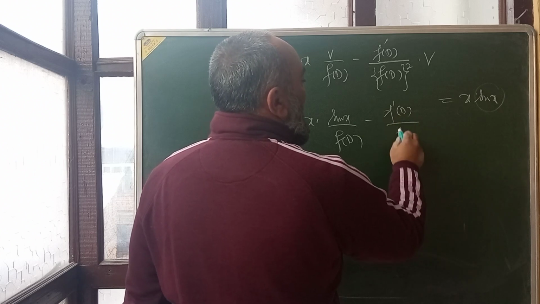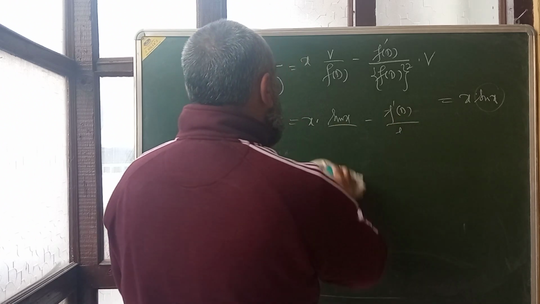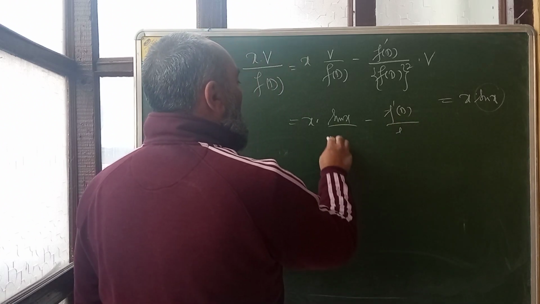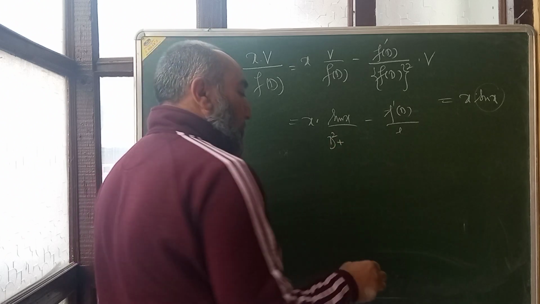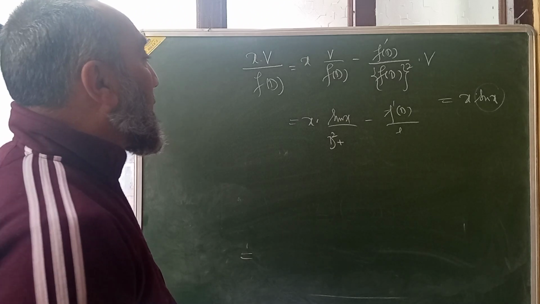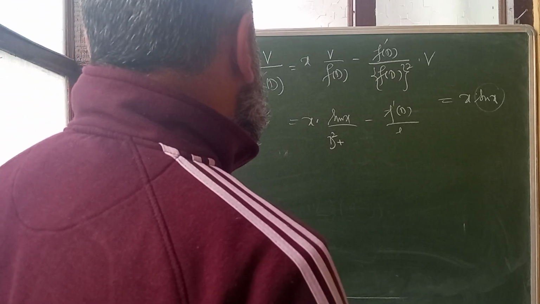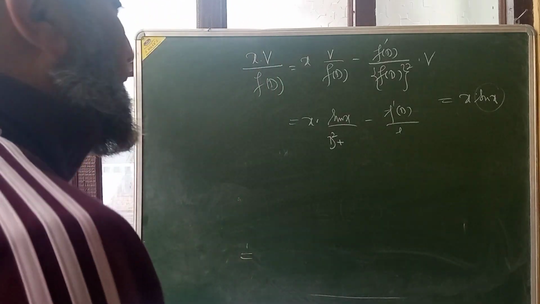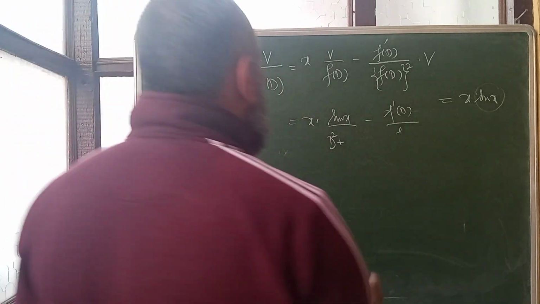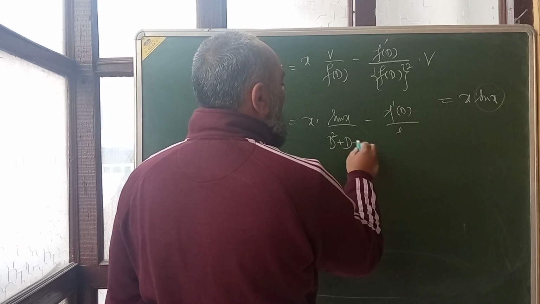Then let me write it down. What was it? It was D square plus, I don't remember what I had taken. What was the question? D square plus D plus 1, I think.